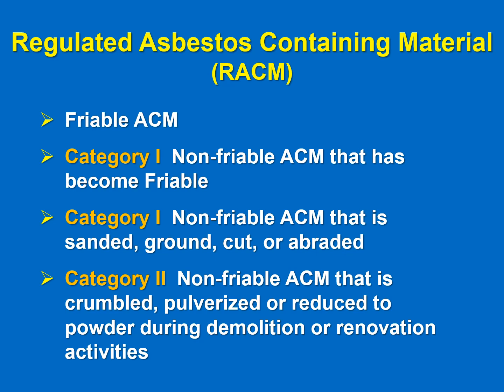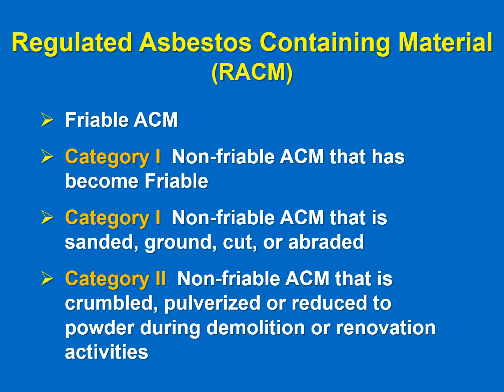But you also have Category 1 as well as Category 2 non-friable ACM. Category 1 is non-friable ACM that has become friable, by being sanded, ground, cut, or braided.